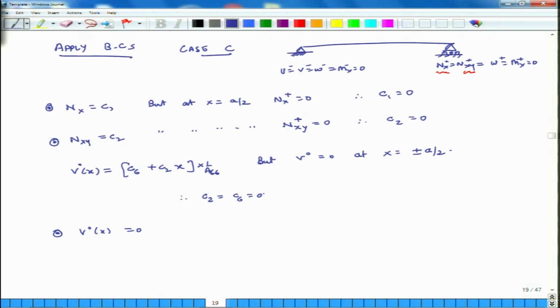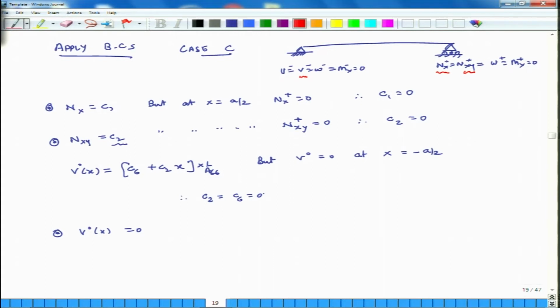Oh, I am sorry, V naught is 0, not at x is equal to plus minus a over 2, it is just V naught is 0 at x is equal to minus a over 2, and C2 is already 0, we have calculated it. So, C6 also comes out to be 0. Okay. So, we have now implemented 3 boundary conditions out of 8.